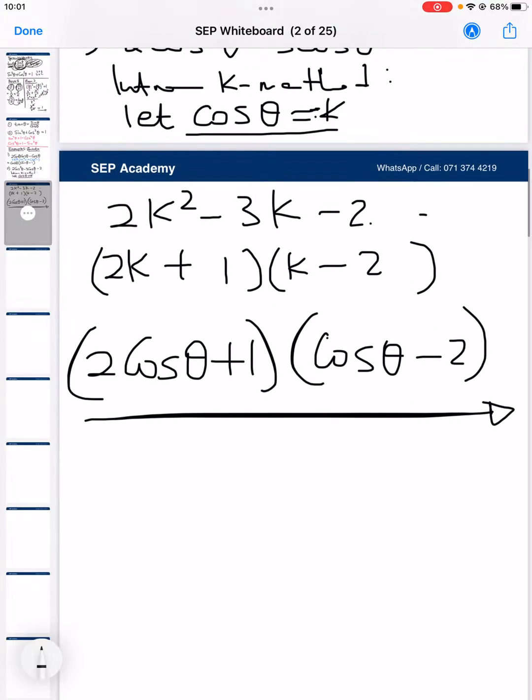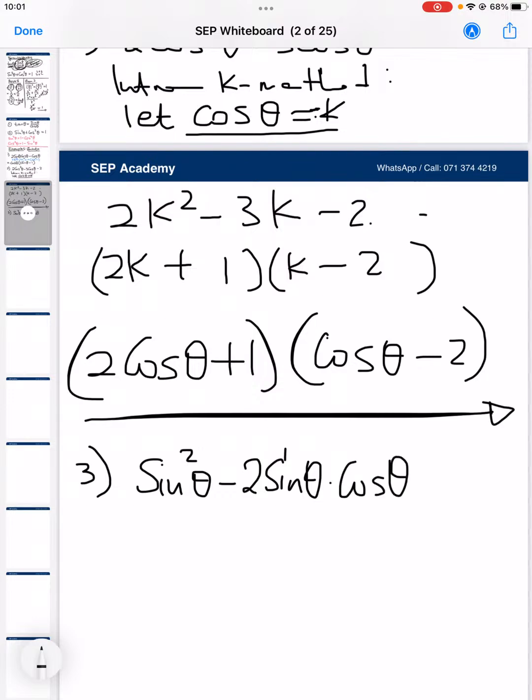So now let's jump on to example number 3. With this example, let's say we have sine squared of an angle minus 2 sine of an angle multiplied by cos of an angle, plus cos squared of an angle.